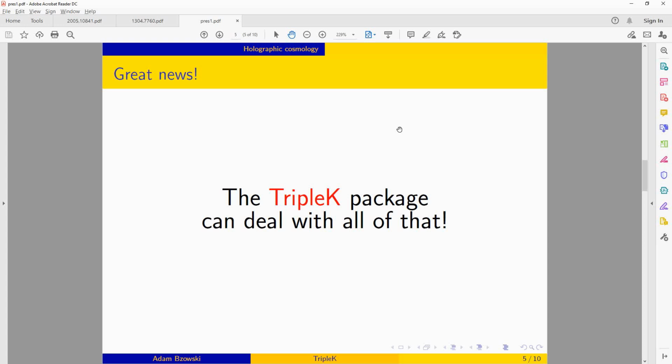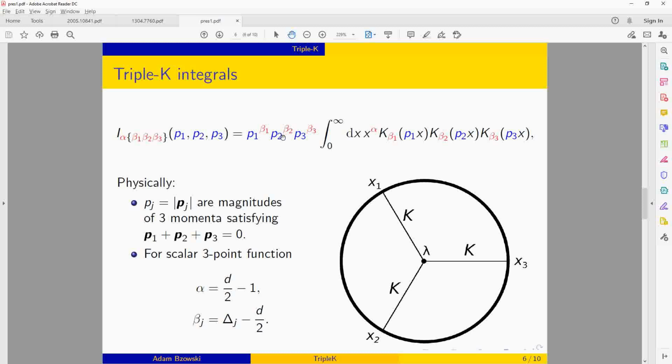So what are TripleK integrals? Well, it's very easy. A TripleK integral is an integral that contains three Bessel K functions, or the Bessel functions of the third kind, and is given by this integral. It depends on three parameters that will basically have an interpretation of magnitudes of three momenta that satisfy momentum conservation.